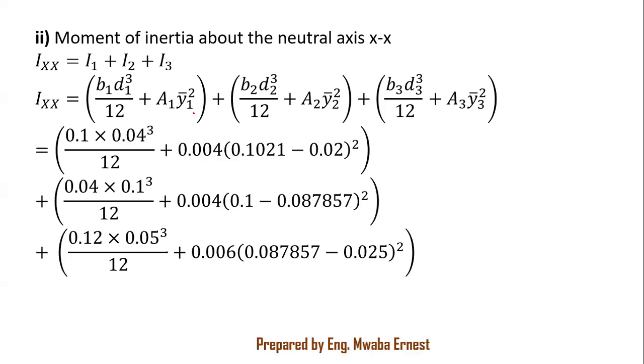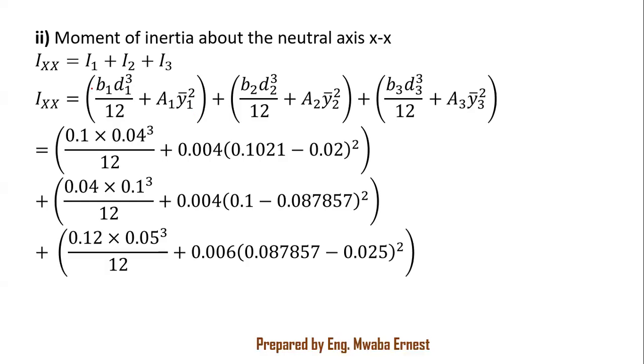So 0.102143 minus 0.02, and we square it. We repeat the same for the next one, which is again 0.04. This is for the midway: 0.04 times 0.1 cubed over 12 plus 0.004. Then this time it's 0.1 minus 0.087857, and we square the result.